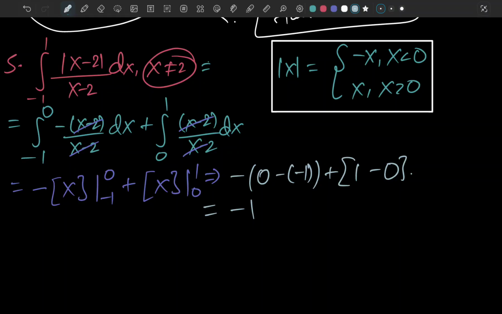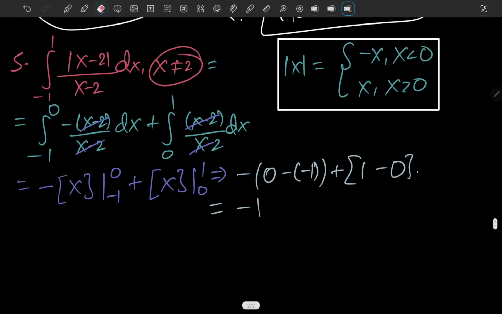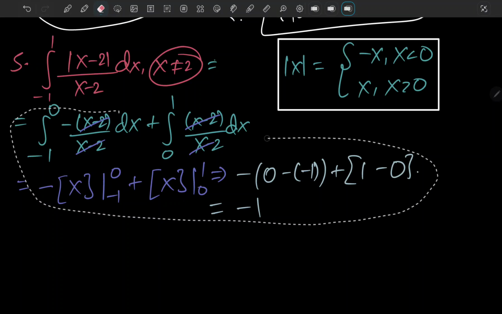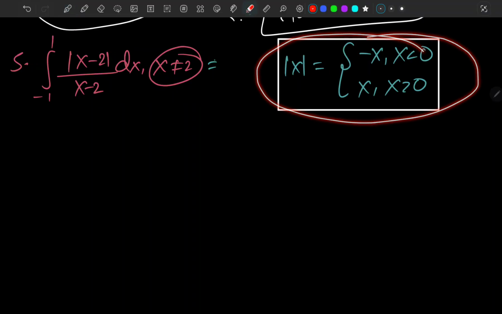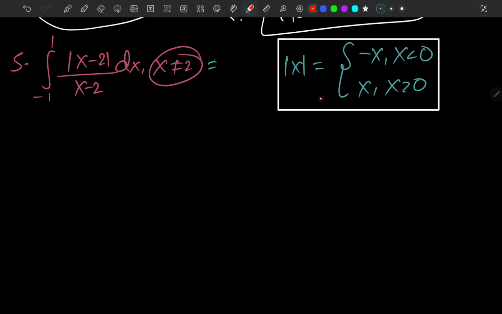Wait a second, guys. Let me just think about it. Yeah, guys, I got it. I was making a little mistake that I was not noticing. Let me tell you what mistake I made. In this box, I have assumed for x, not for x minus 2. So let's replace it with x minus 2.